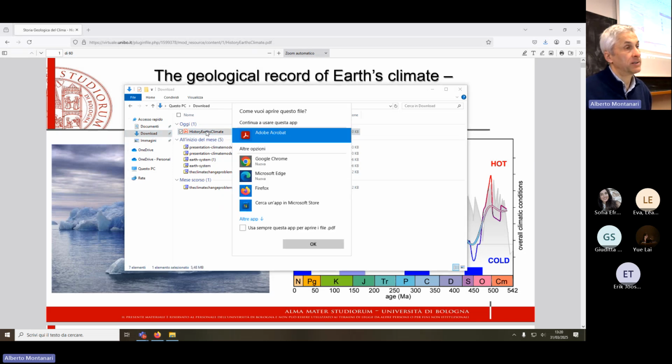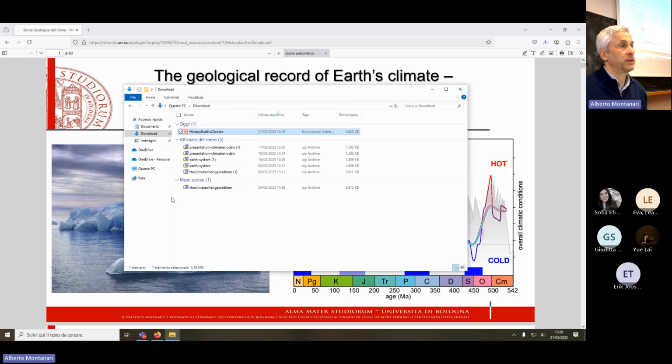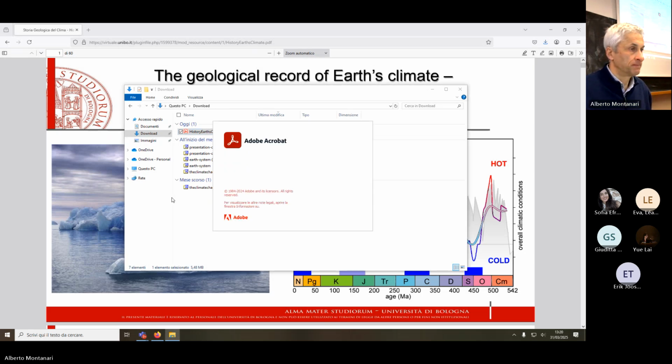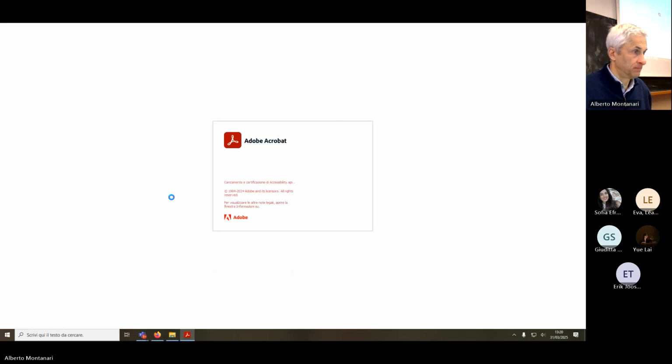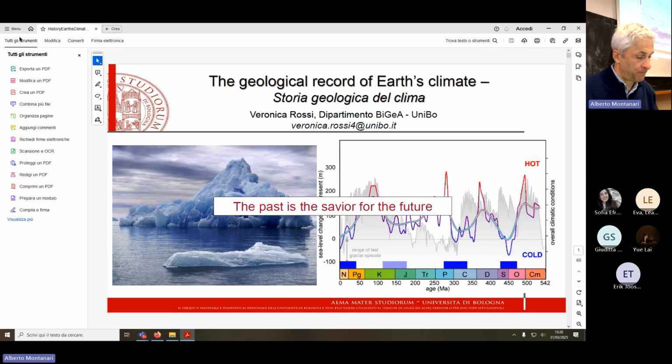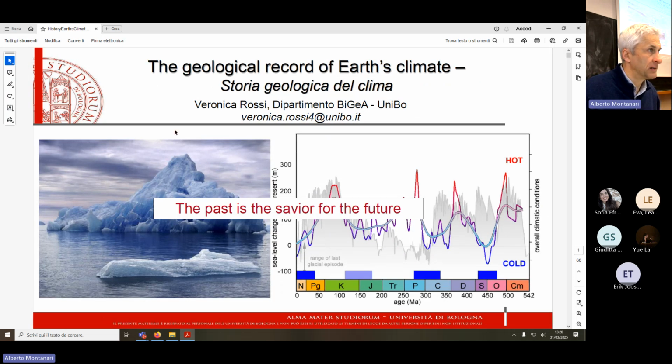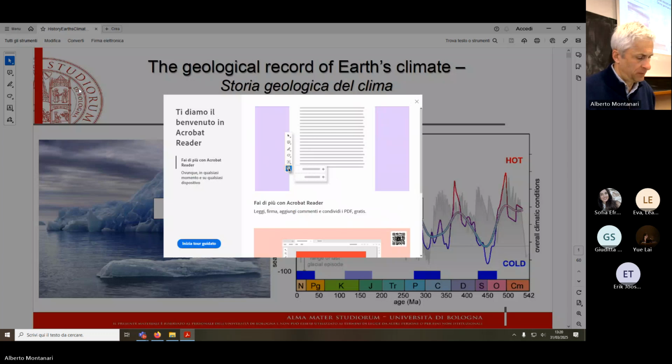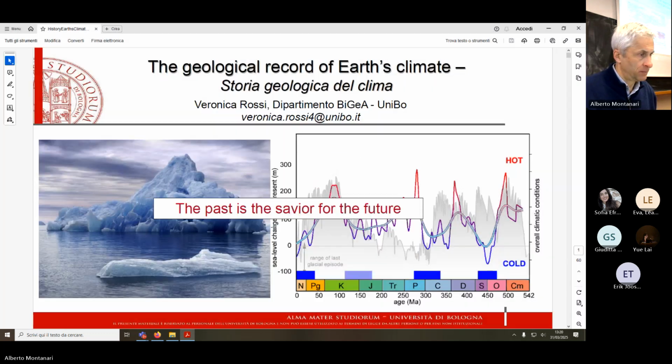And let's open it. Adobe Acrobat, very good.